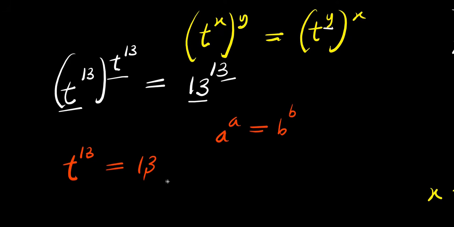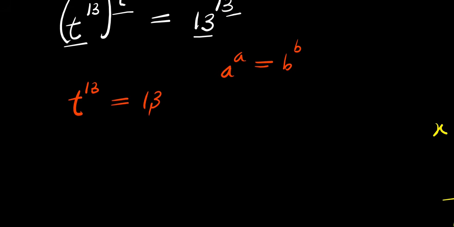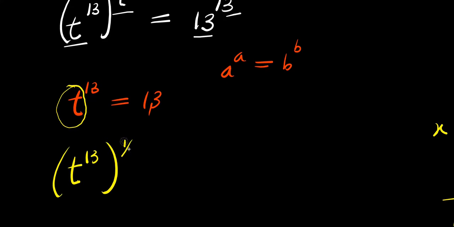equals 13. So to solve for t, what I'm going to do will be to isolate t. That means I need to isolate this t by multiplying the exponent by 1 over 13. And that will be, I'll have (t^13)^(1/13) equals 13 raised to the power of what? 1 over 13.